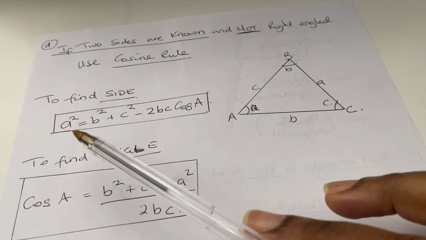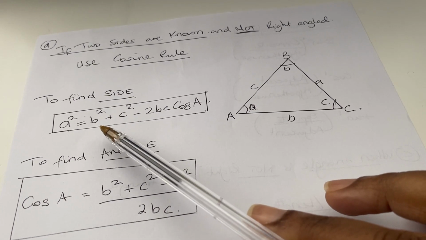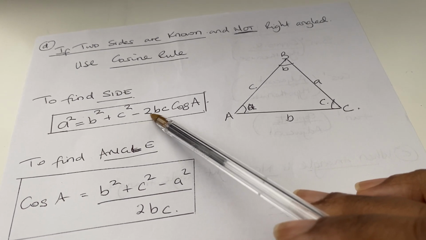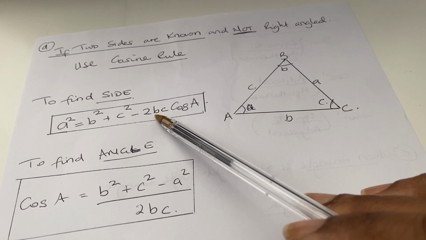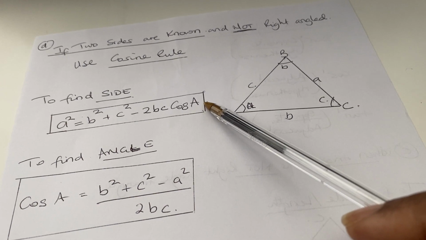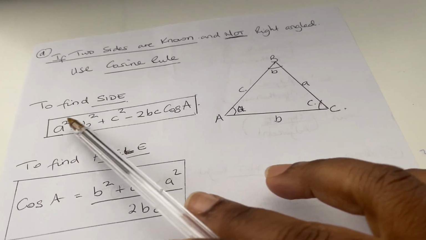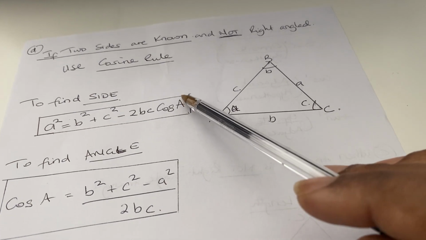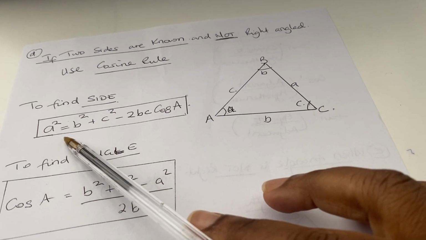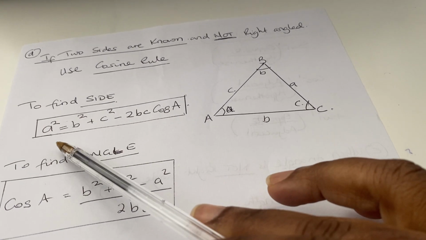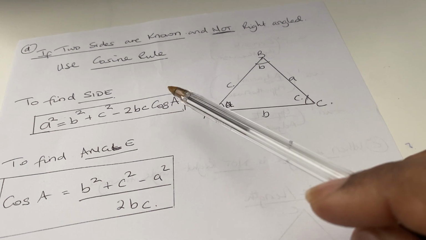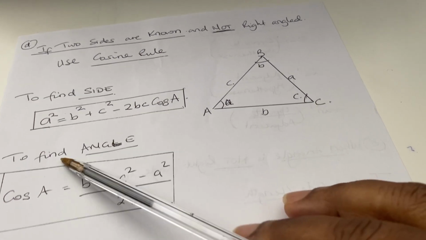So if it's C squared, then you are going to have A squared plus B squared minus 2AB cos C. So whatever it is, if it's A squared, you need to go for cos A, B squared cos B, C squared cos C. I hope I'm clear on that. I've said this in a subsequent video.